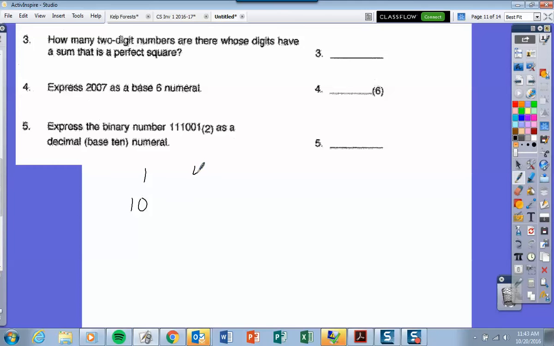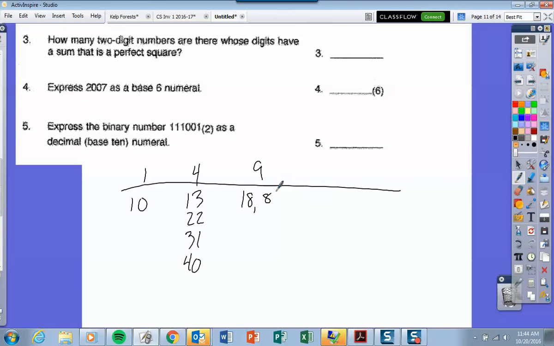The next perfect square is 4. Numbers that add up to 4 are 13, 22, 31, and 40. Numbers whose sum is 9, I get 18 or 81, 27 or 72, 36 or 63, 45 or 54, and then 90.